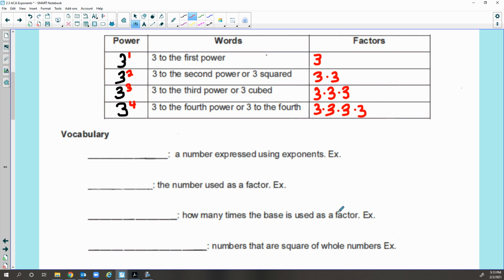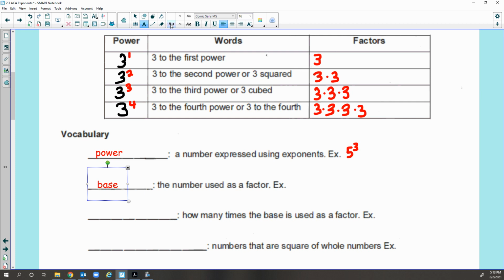Here are some vocabulary words for us to check out. A power is a number expressed using exponents. The example I'd like you to write in is 5 to the 3rd power, and that's this entire thing. The base is the number used as a factor.